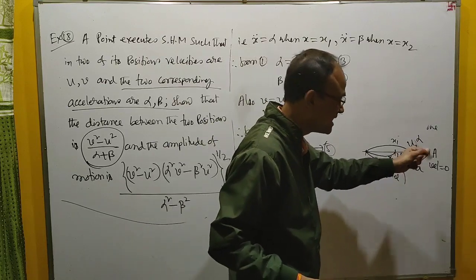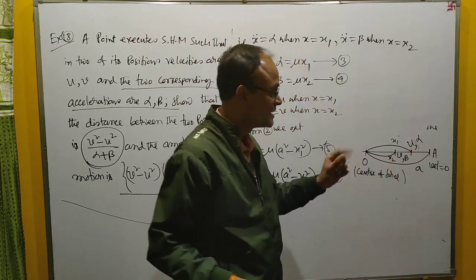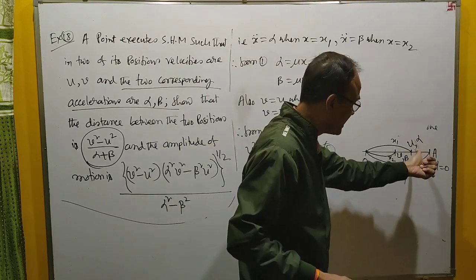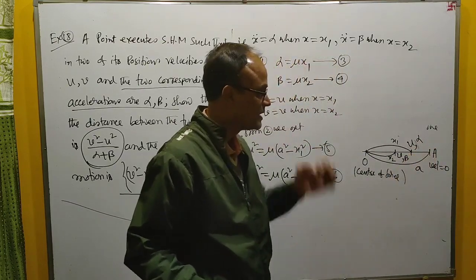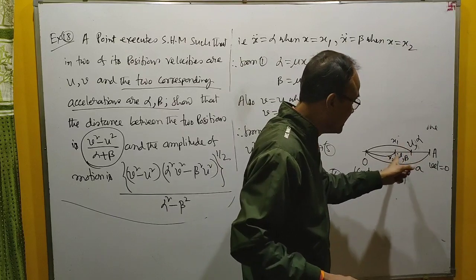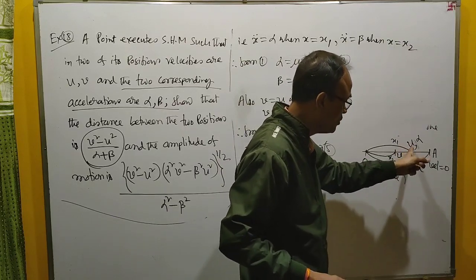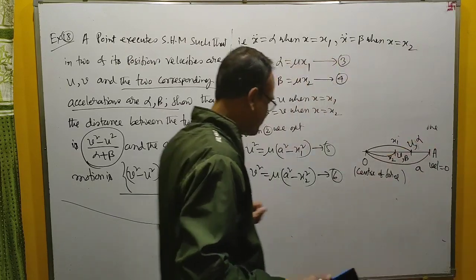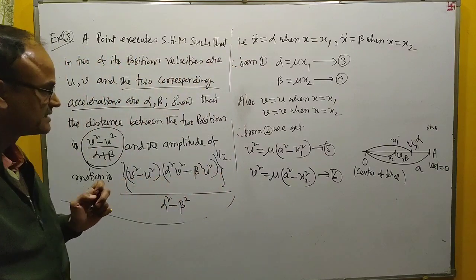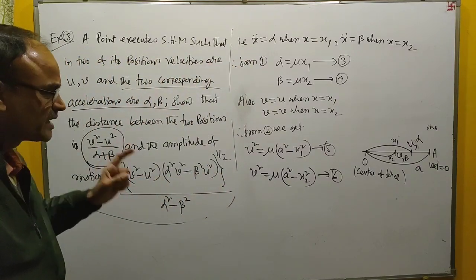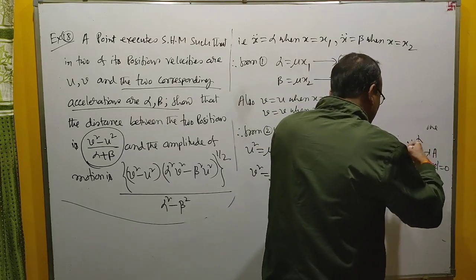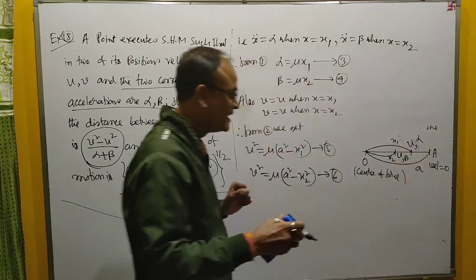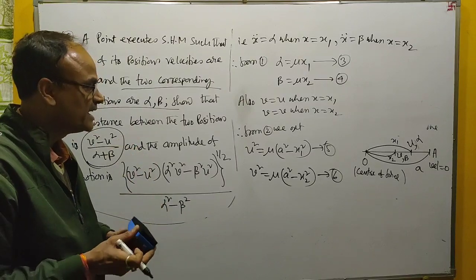Obviously, v is greater than u, and acceleration alpha is greater than beta, so beta is less than alpha. And x1 is greater than x2.